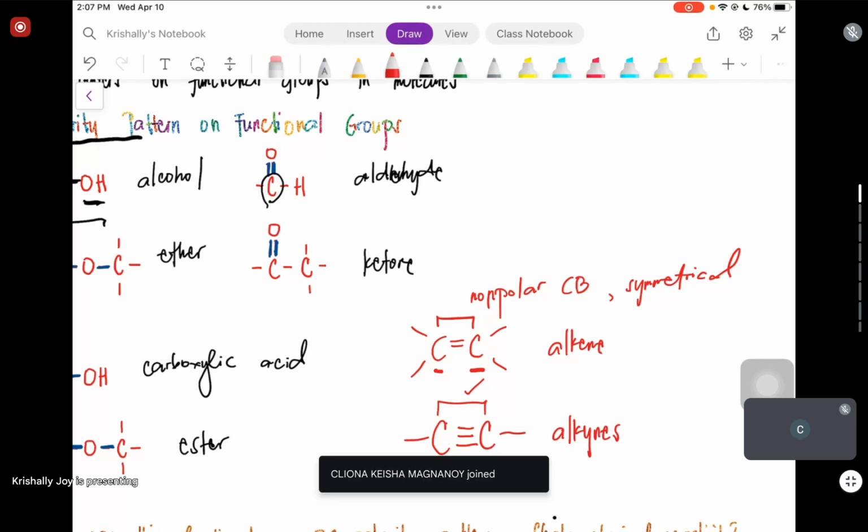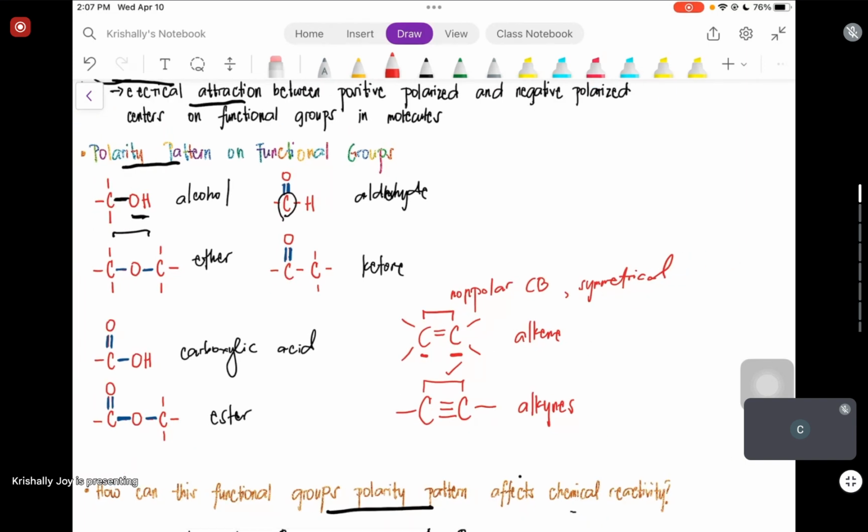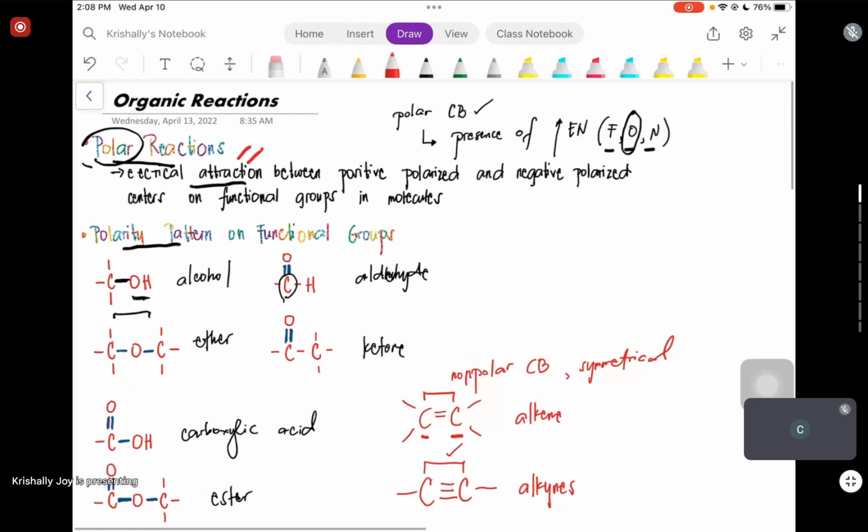But if we proceed to higher order functional groups, you will observe a polarity pattern. That's why, generally speaking, in many references in organic chemistry, the general type of chemical reaction that occurs among organic compounds is really the polar type of reaction.